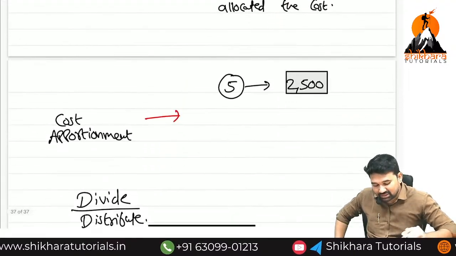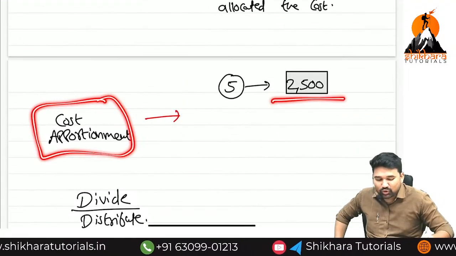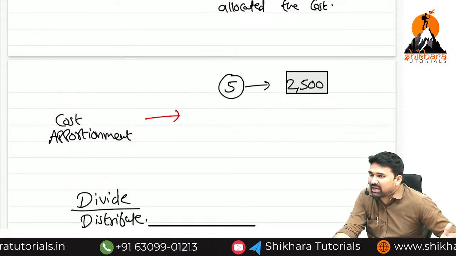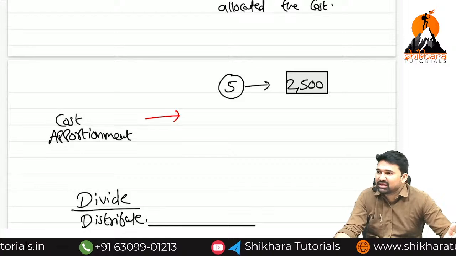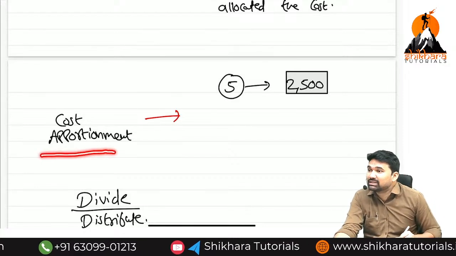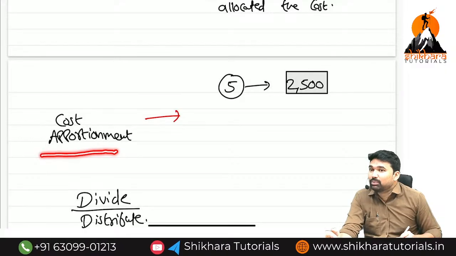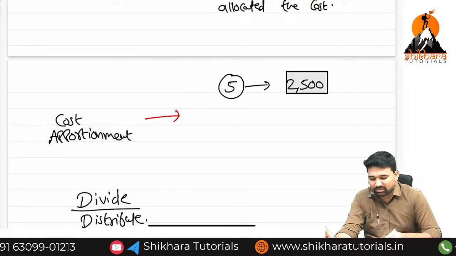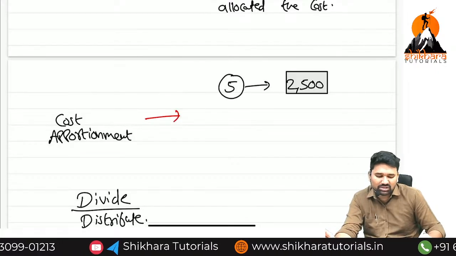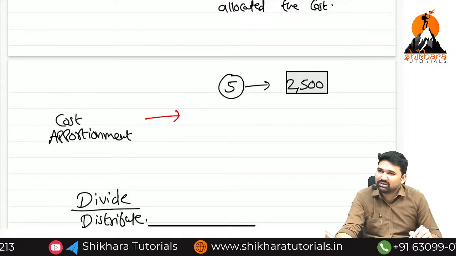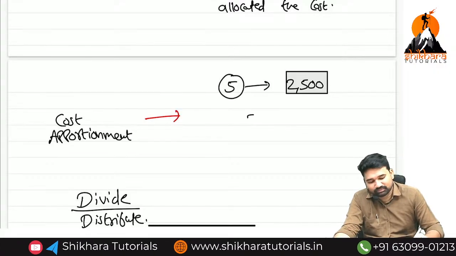But in case of cost apportionment, you are furnished with a lack of information, or you don't have correct and accurate information. Then in that case, you are not going to do allocation. You are going to do apportionment. So in simple terms, 2500 should be divided among 5 persons. How much will it be? 500 each.